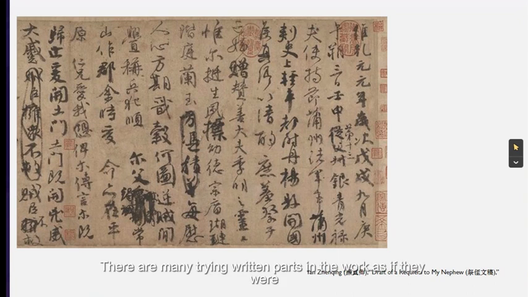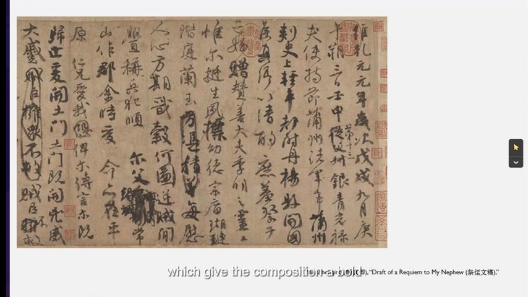There are many dry written parts in the work, as if they were a concrete expression of the calligrapher's grief and sadness, which give the composition a bold and cold style.